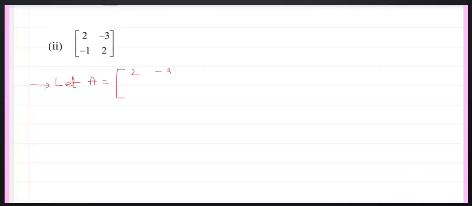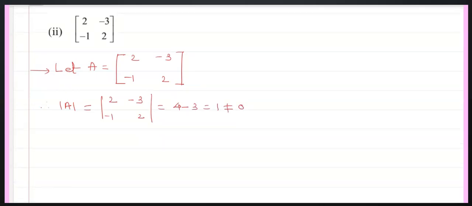Second, 2, minus 3, minus 1, 2. Determinant of A, 2, minus 3, minus 1, 2, that is 4 minus 3, that is 1. A inverse exists.